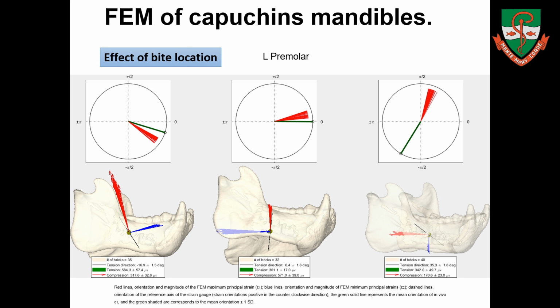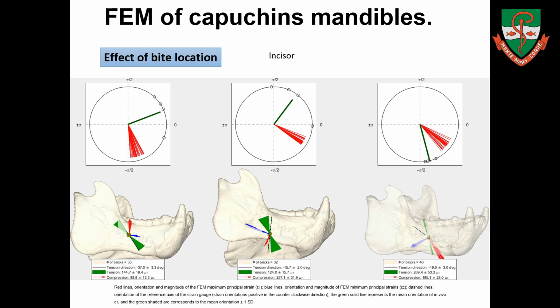Like in the first model, we have this orientation of E1 and E2, right? And in the lower gauge site, it is completely different from the first model, right? And here we have the same situation as the first one.